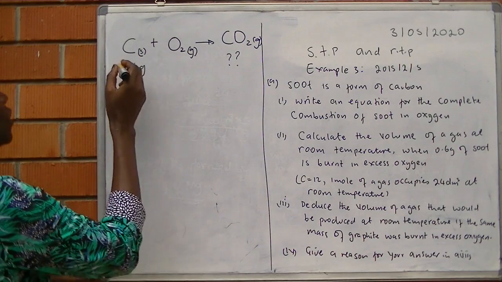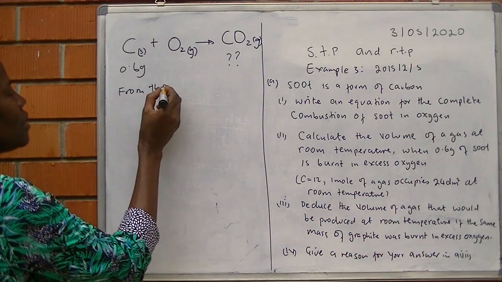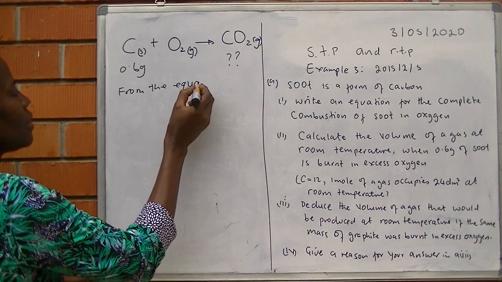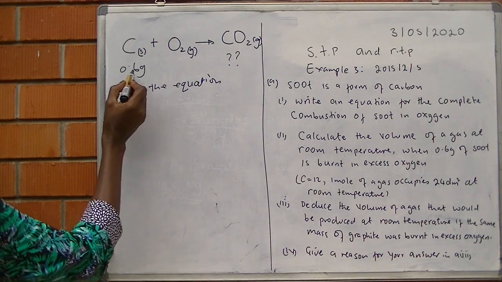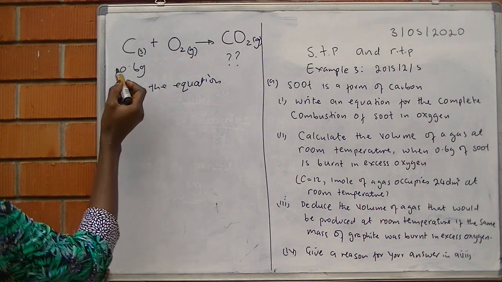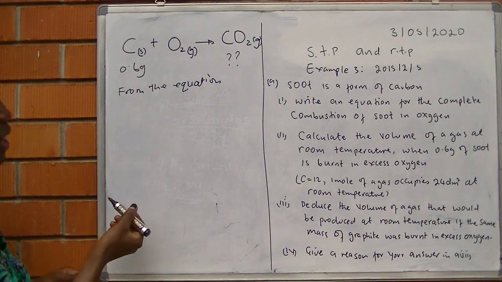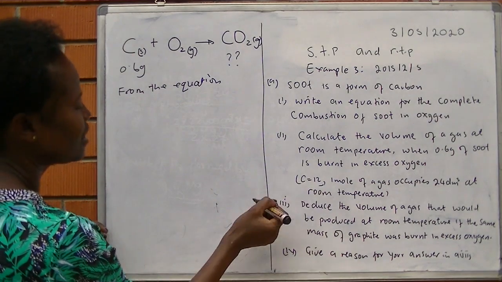Again, I told you, you go direct from the equation. What do we have in the equation? We are given mass, we go to the atomic mass or molecular mass of a given compound. This time we have the atomic mass of carbon. The atomic mass of carbon is given to us as 12.